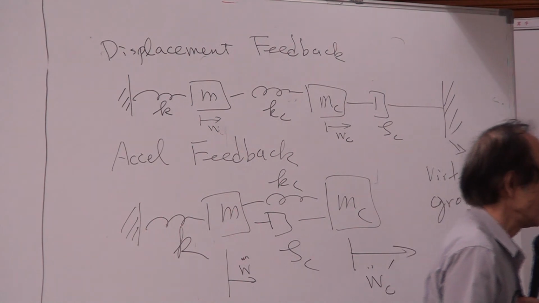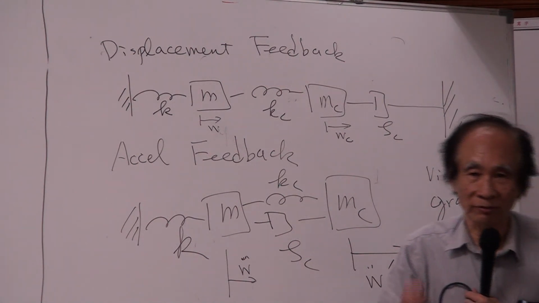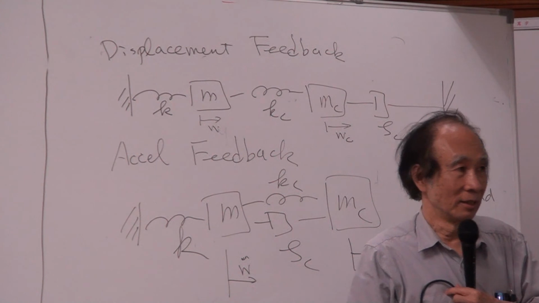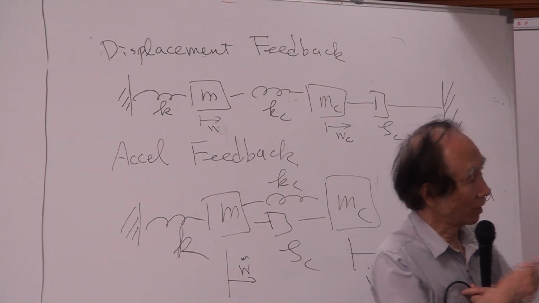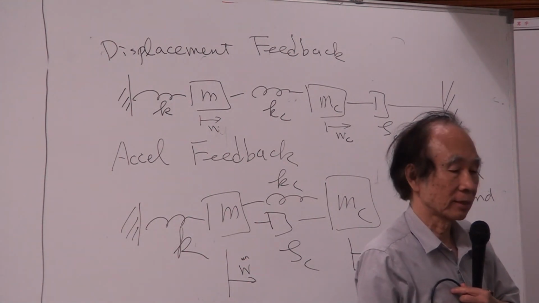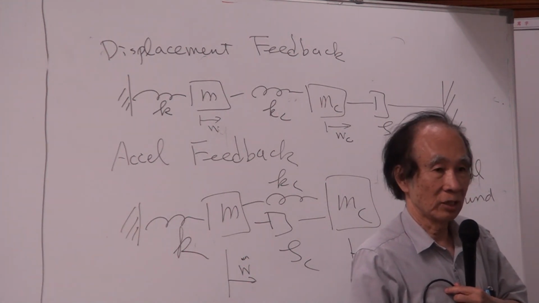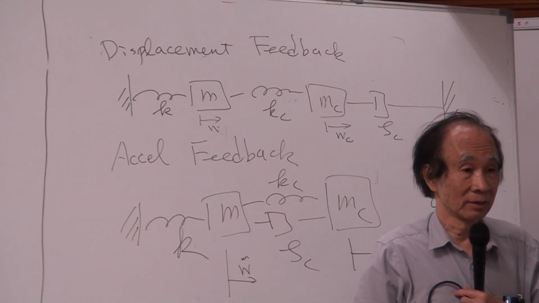The design can use displacement and or acceleration feedback to augment damping to the system. Augment damping means you add damping to the system even though we don't have a velocity measurement. So you have displacement and or acceleration feedback. You can have both together if you like. They don't have to be only one.